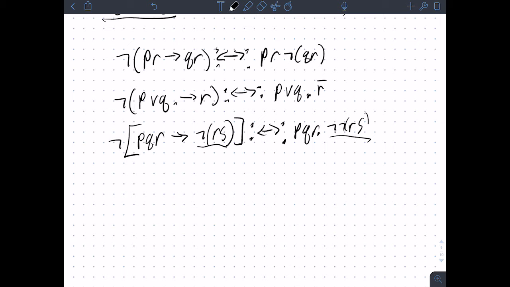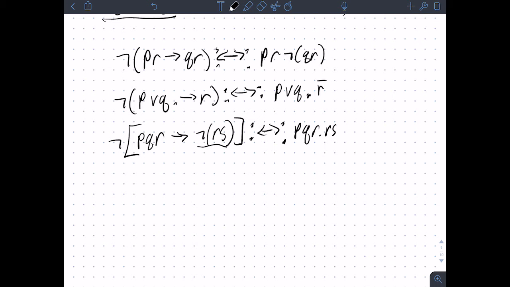Oh, wait, that should have parentheses. But again, double negations cancel out, so if you wanted to write this PQR and RS, that'd be fine. Also, you could get rid of the dot if you really wanted to. Oops, RS. But anyway, I'll leave the dot.